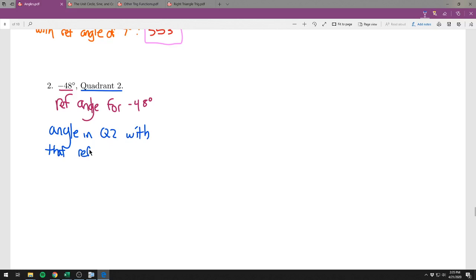Right. A really good mindset in dealing with these problems on the homework is to think about it as 2 questions. The first question, reference angle, don't even worry about the quadrant 2 thing yet. Get that reference angle. Then we'll use the reference angle we get. When we're dealing with degrees here, I'm going to draw my picture again.